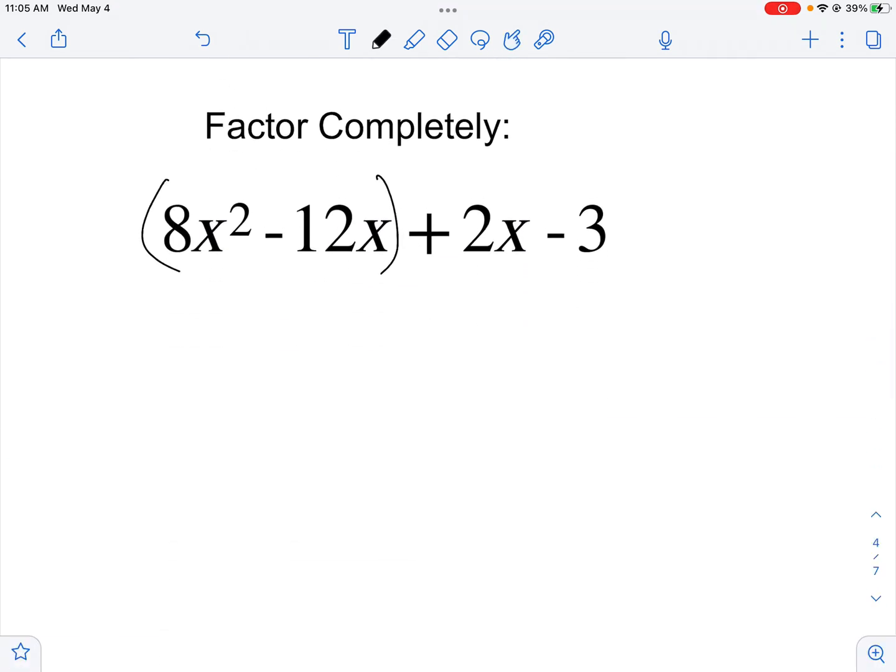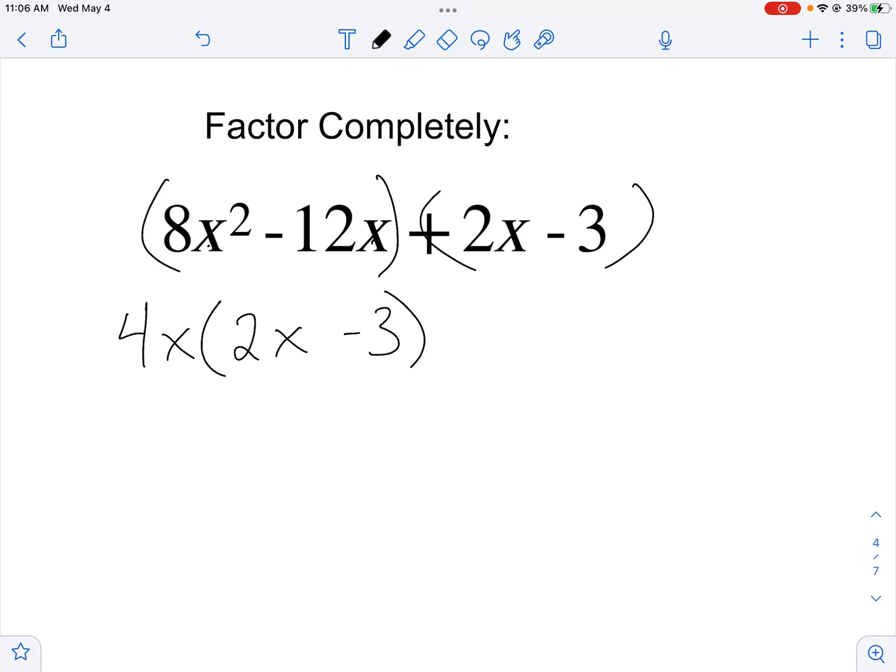All right, we're going to keep factoring. What's the biggest number that can divide 8 and 12? They can both be divided by 2. They can both be divided by 4. So that leaves me with 2 and negative 3. They both have at least one x, so I can take an x out, leaving me with x and no x.